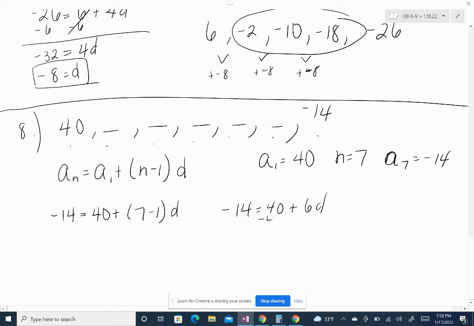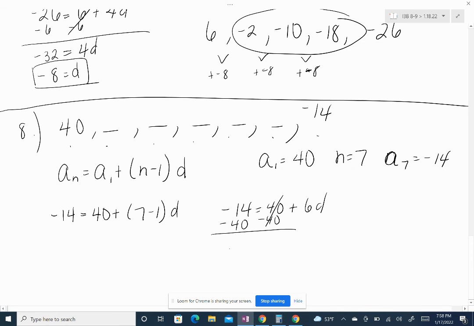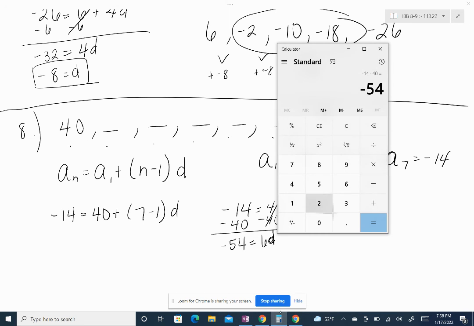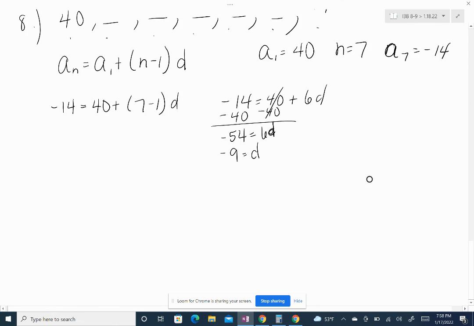And then subtract 40 from both sides. Negative 14 minus 40 gives me negative 54, which is equal to 6d. Then negative 54 divided by 6 is negative 9. So negative 9 is equal to d. So that means you're adding negative 9 every time.